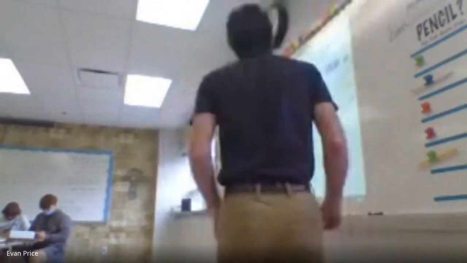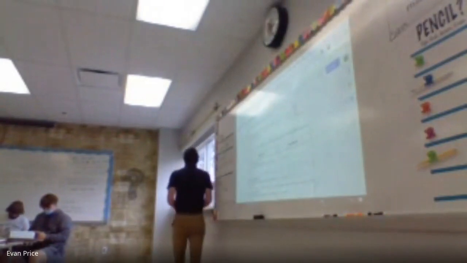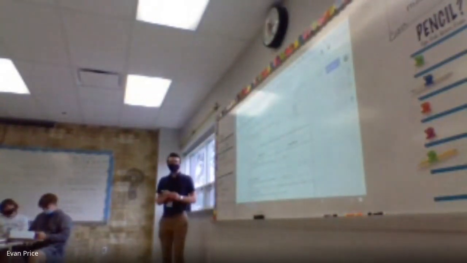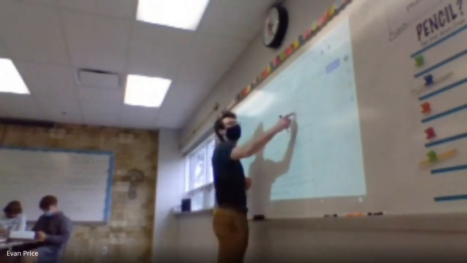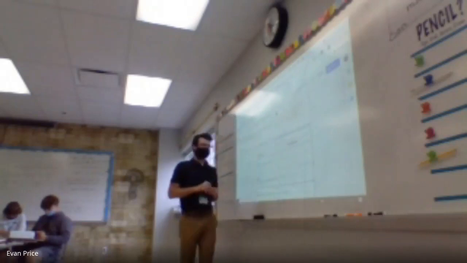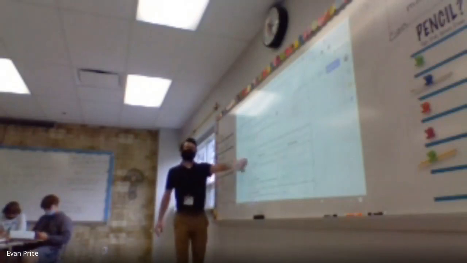Alright, so how many angles are formed when a transversal intersects two lines? Yeah, there's 8 angles: 1, 2, 3, 4, 5, 6, 7, 8. So then corresponding angles, these are going to be our angle pair types.